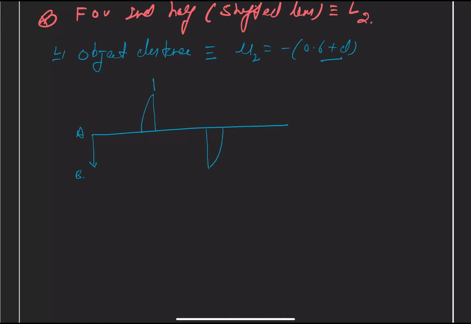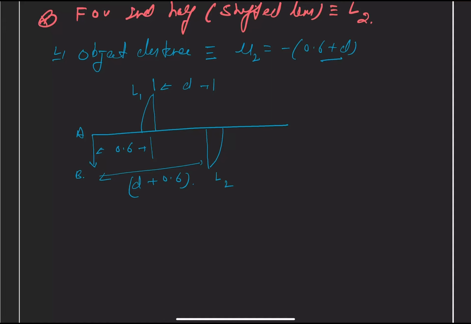The distance between the two is given as D, and the distance of the object from this is our L1 and this is our L2. So this we just found out is our 0.6. Distance is D. So this distance of the object comes as D plus 0.6.